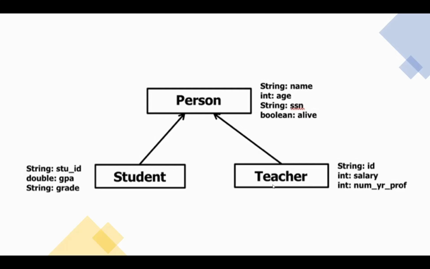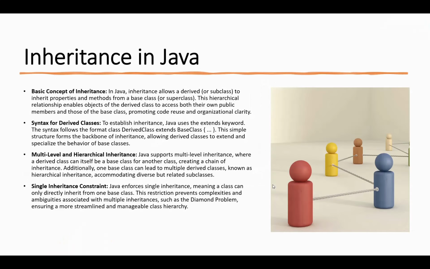And the next topic is inheritance. Inheritance is a cornerstone of object-oriented programming in Java. It allows a derived class, also known as a subclass, to inherit properties and methods from another class known as the base class, also known as the superclass.